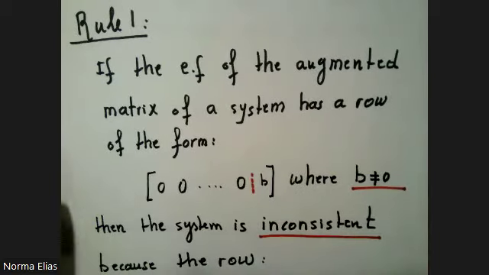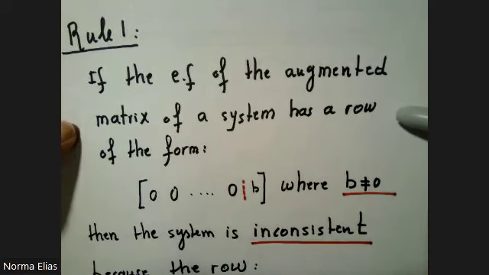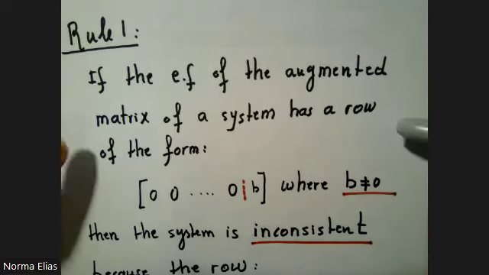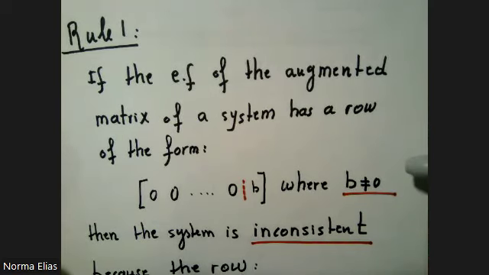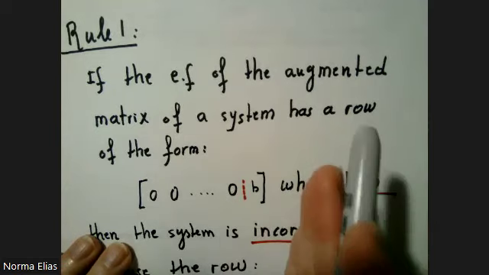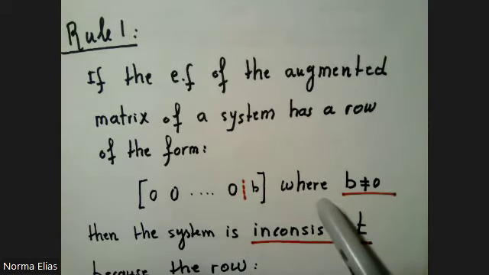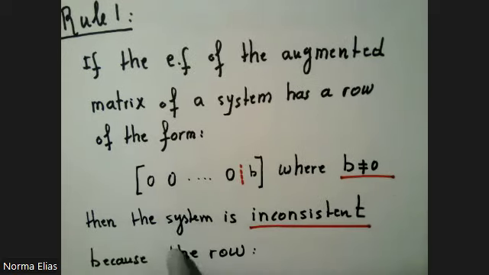Rule 1. If the echelon form of the augmented matrix of a system has a row of the following form: everything 0, the rightmost term, the book calls it b, I'm using the same b, where b is non-zero, then the system is inconsistent. The minute you hit a row of this form, immediately the system is inconsistent.